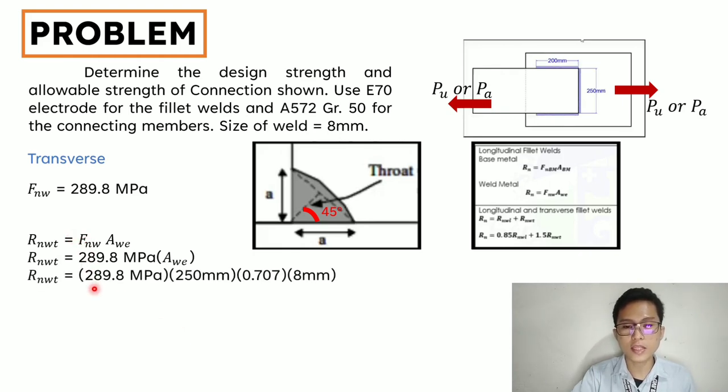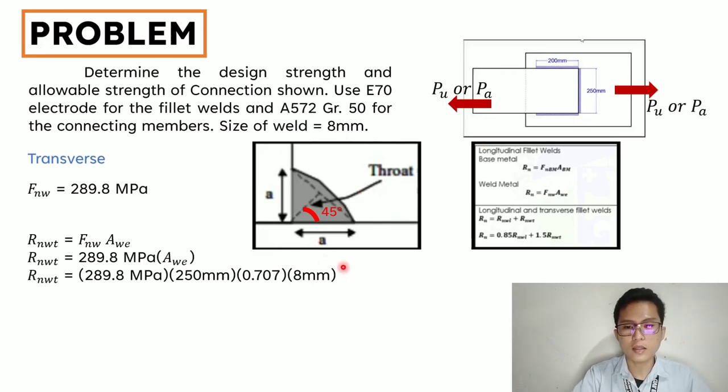We'll now have 289.8 megapascal multiplied by 250 millimeters, which is the length of our transverse weld here, multiplied by 0.707, which is cosine 45, multiplied by 8 millimeters, the size of our weld. You will notice that we did not multiply it by 2 because, as you can see here in the figure, it is only welded once.